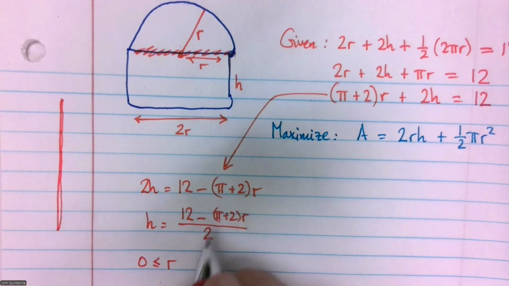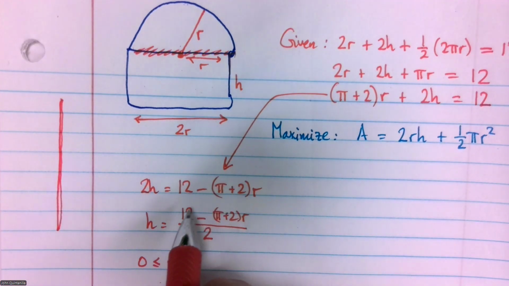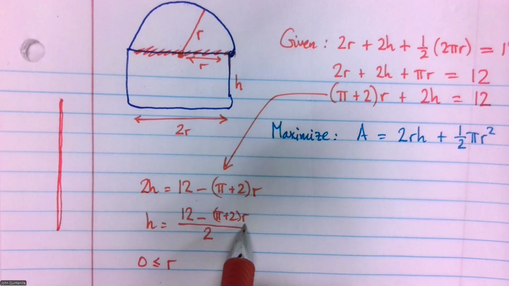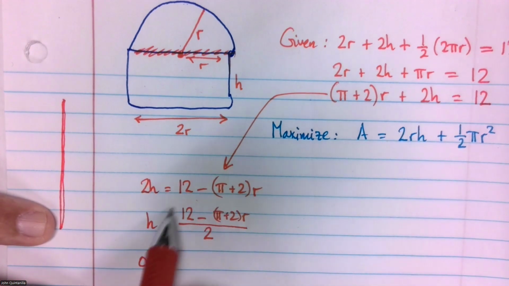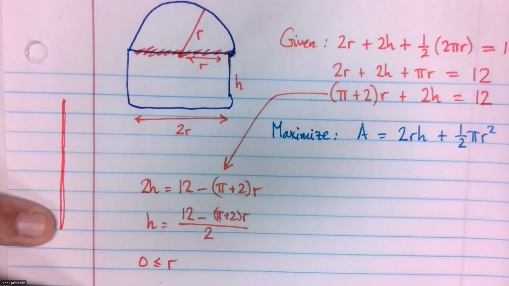The other thing that has to happen is that h has to be greater than or equal to 0. So what does that tell us about r?